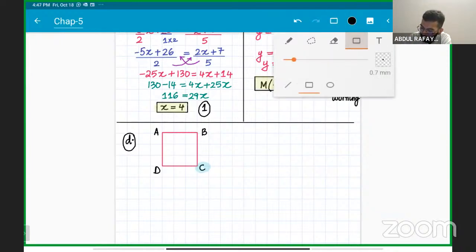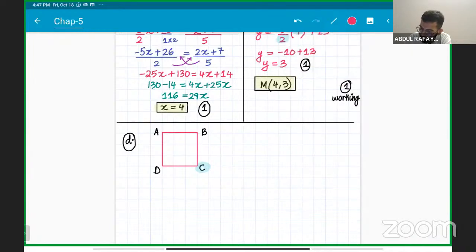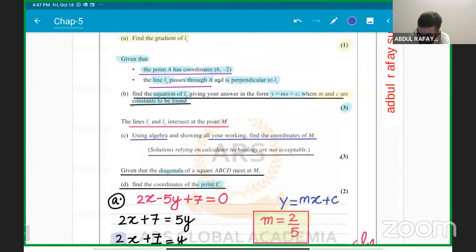And what we need to understand is that we have A coordinates available, which is 6 comma minus 2. A coordinate is 6 comma minus 2, right? It was written here. I have not done anything on my own.